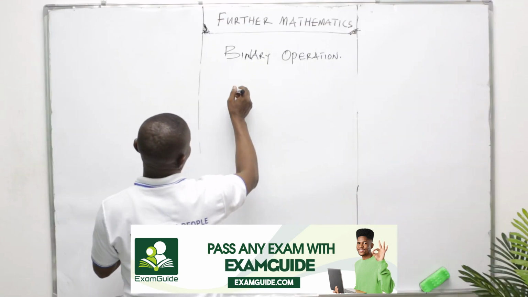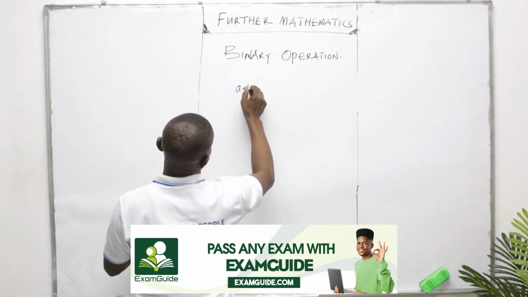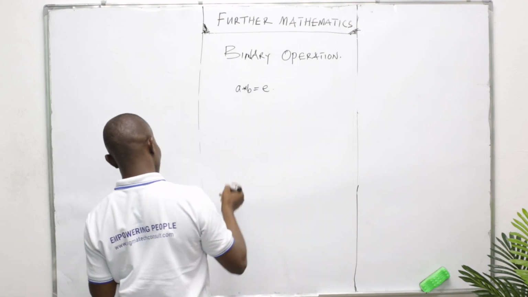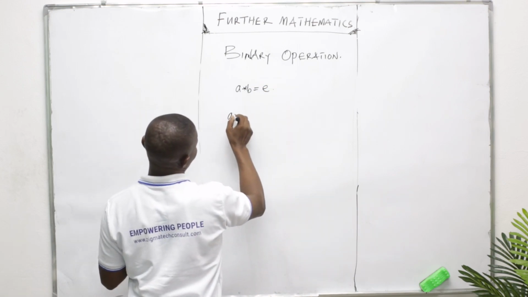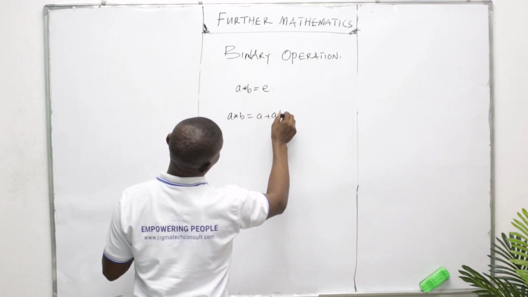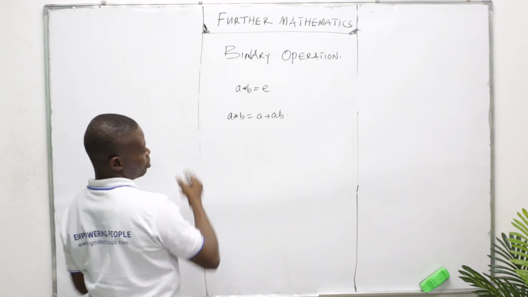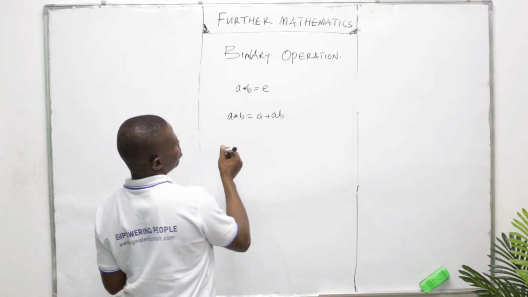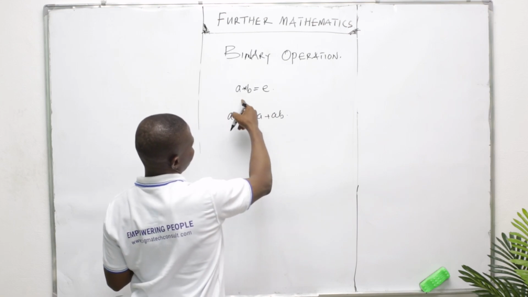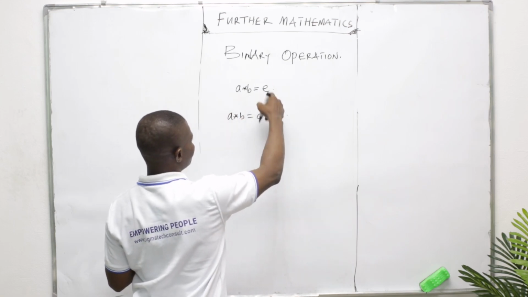In binary operation, we believe that A operating on B equals E. That is to say, if a formula has been given to you as this, plus AB, just like we had before. So, the first one against the second one will produce this.